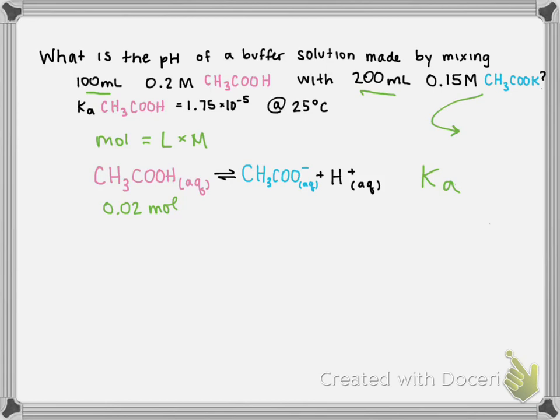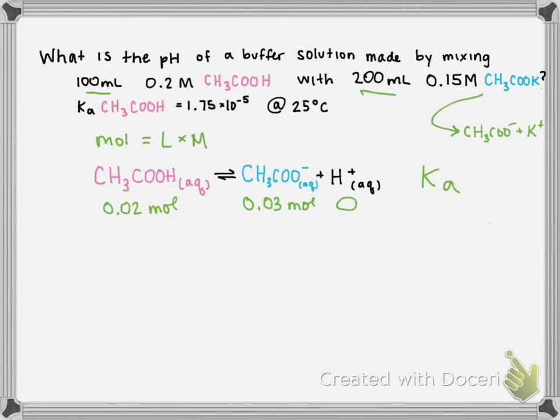And so it's a salt, so it's going to completely dissociate in water, and we'll end up with our acetate ion and potassium ions, which are spectators. So we can disregard those. And so the moles of potassium acetate should be equal to our moles of just acetate. So we can go ahead and do the liters times that concentration, and we'll end up with 0.03 moles of that.